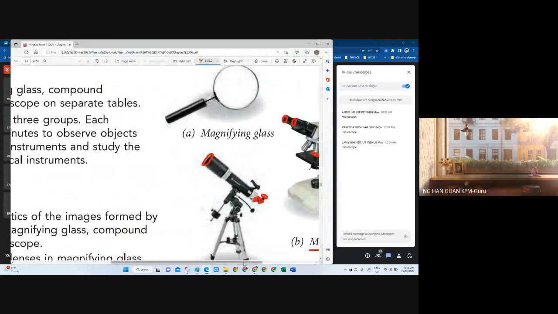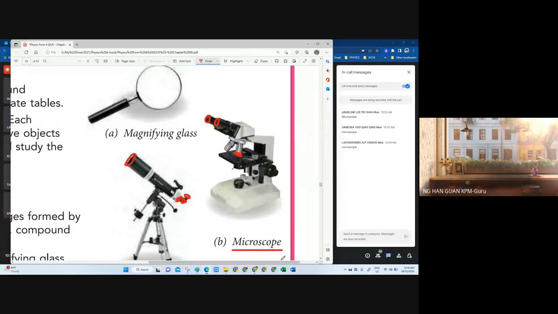Which one is easier for you to recall? The size of the objective lens and the eyepiece lens have a significant difference. Which one? Obviously, one is bigger and one is smaller, comparing the objective lens and the eyepiece lens.